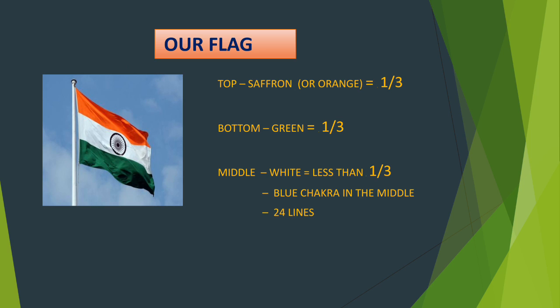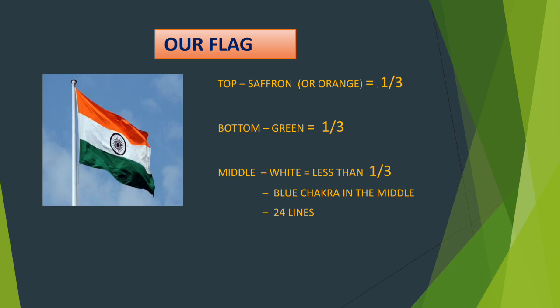In that Ashoka Chakra, we have 24 lines. First one, top saffron. In some flags, we can see orange color. Total 3, saffron colored 1. So, we can write 1 by 3. Likewise, bottom green also covers 1 out of 3.